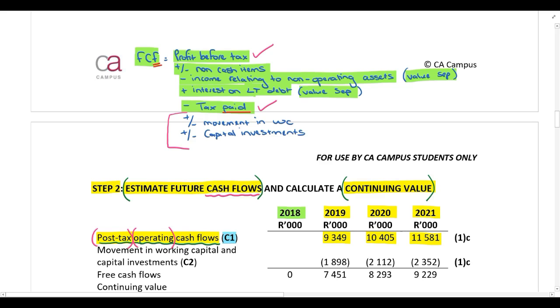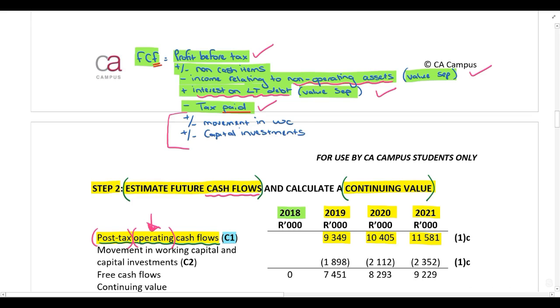So obviously any income relating to non-operating assets will not be included in this amount because you're specifically told these are operating cash flows. In addition to that, guys, any finance costs on long-term debt, that's not an operating cash flow, that's a financing cash flow.